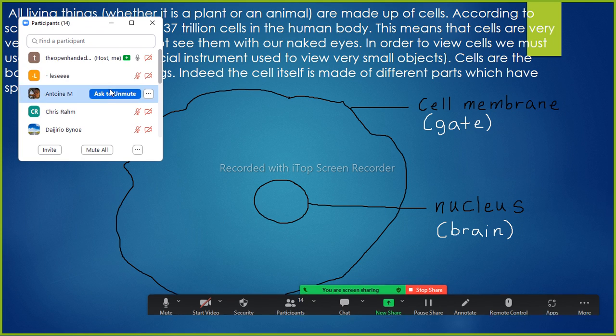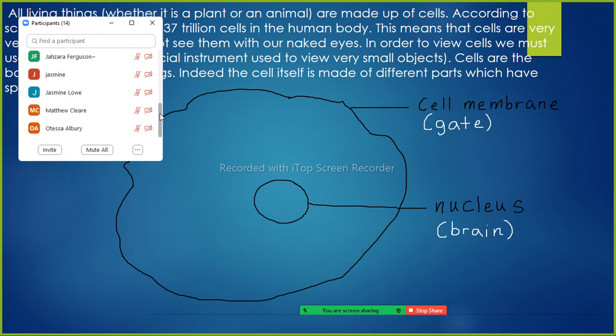Now, next up, I'm going to draw it like this. You can fill your cell with a bunch of polka dots.